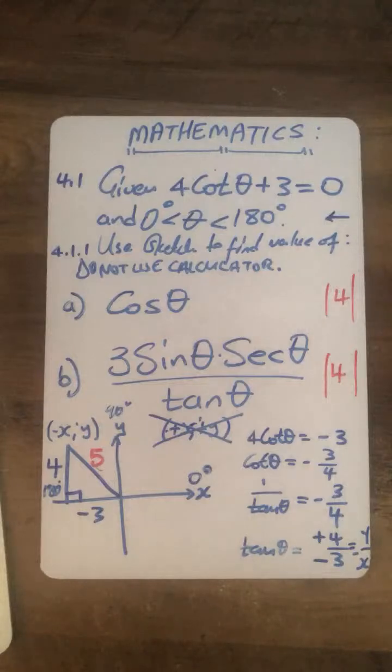R is 5. There's Apiwa saying R is 5. Okay. Then that is correct.